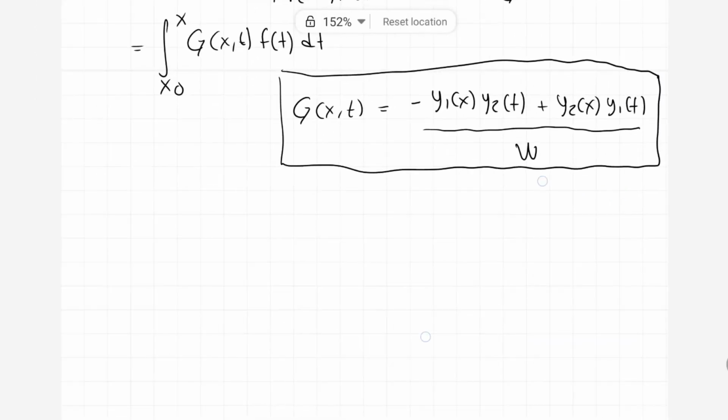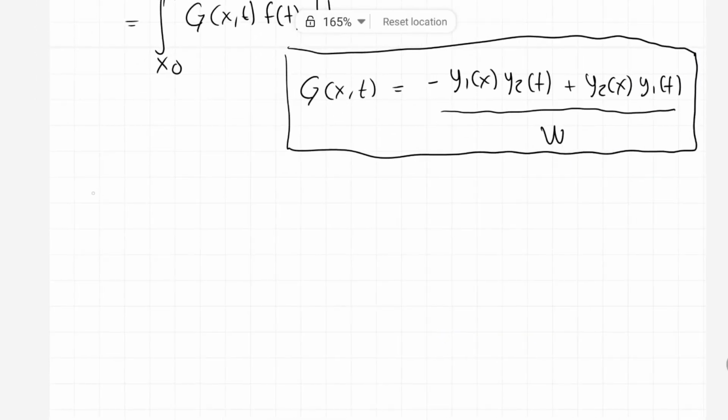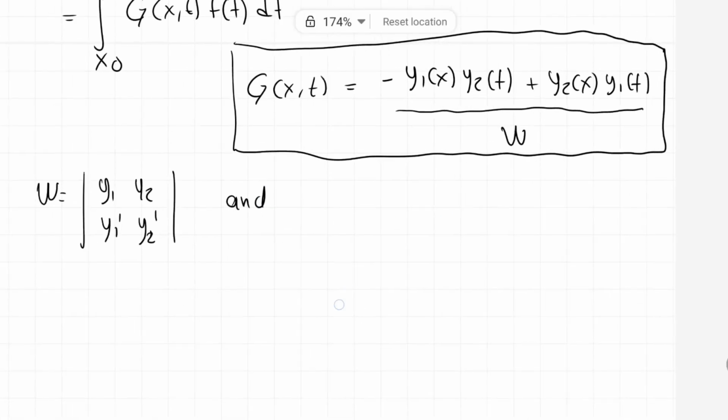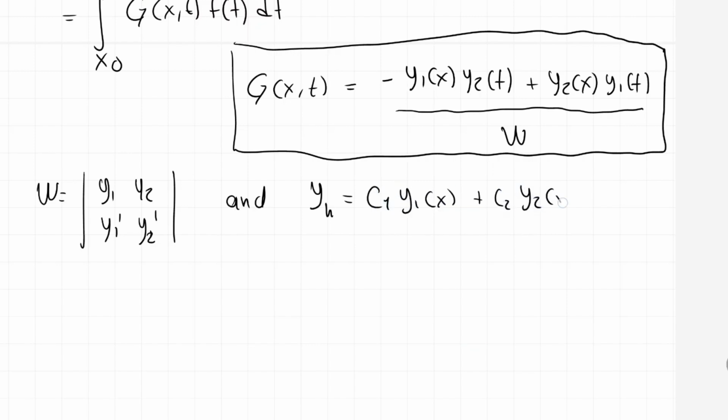In this case, I think it is worth it to rewrite again the definition of the Wronskian. And here we are going to establish that the homogeneous solution is c1 y1 of x plus c2 y2 of x.